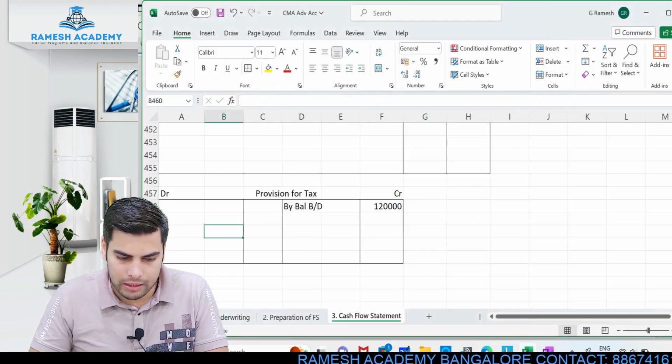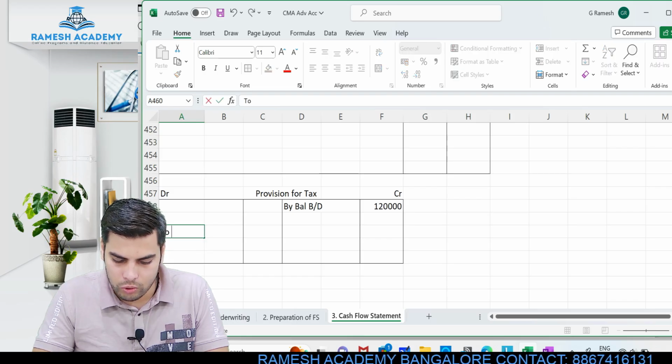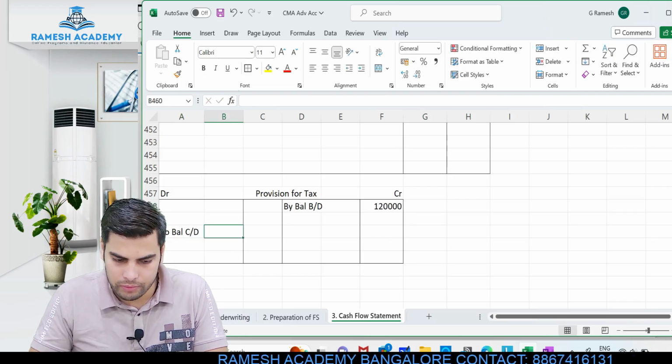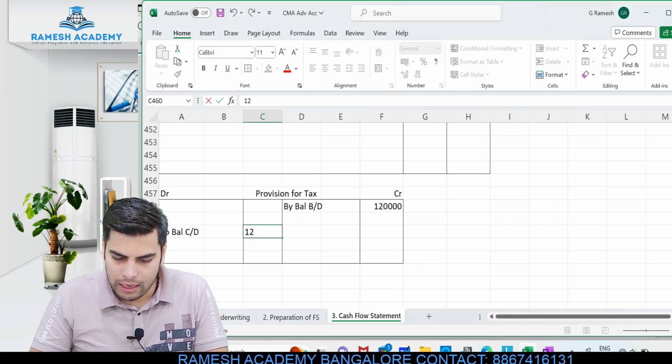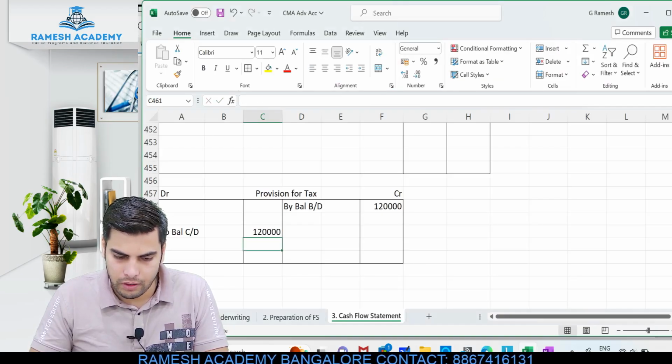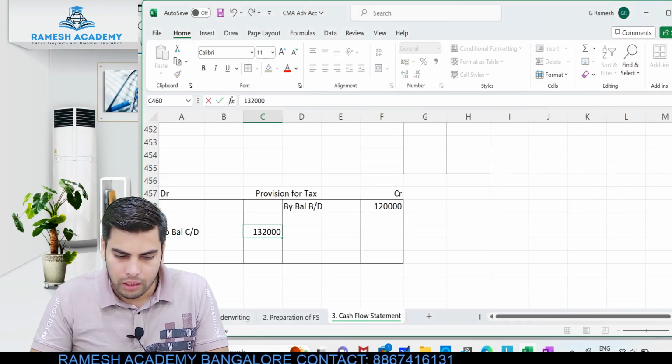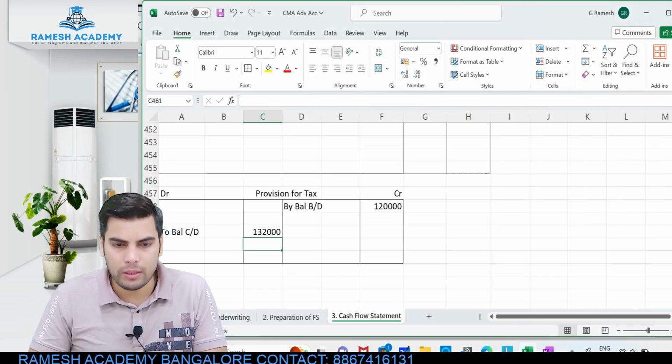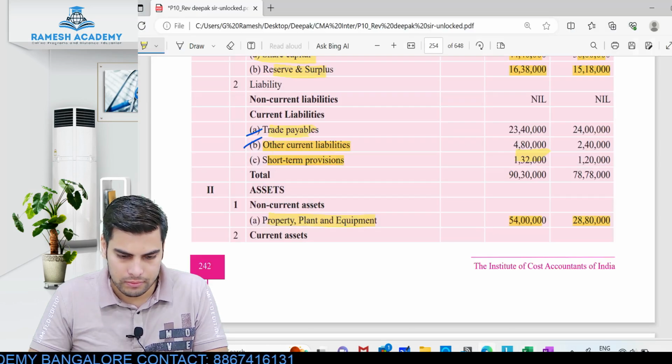This is the opening balance in the provision. And what about the closing balance? Balance carried down is 1,32,000. Now what about the provision which has been shown in the P&L account? Somewhere in the P&L account they have shown the provision, right? So how much is it? Let's check.